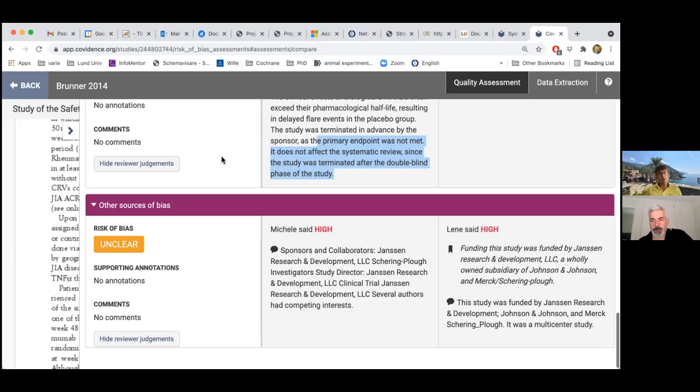How the children were enrolled, what the inclusion and exclusion criteria were, anything that makes us worry. Or it might be, for example, that the study is randomized, but then we look at table 1, basic characteristics, and we see that in one of the two groups, say in the placebo group, the patients were much younger, or the severity of the arthritis was much higher. This kind of imbalance in the groups.